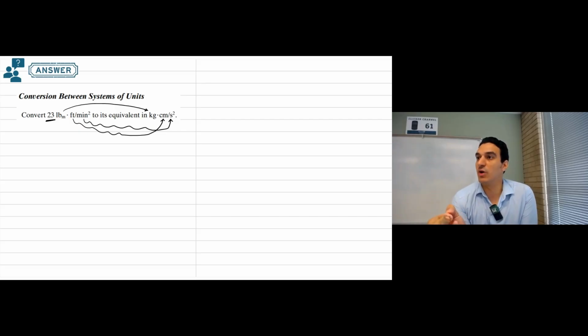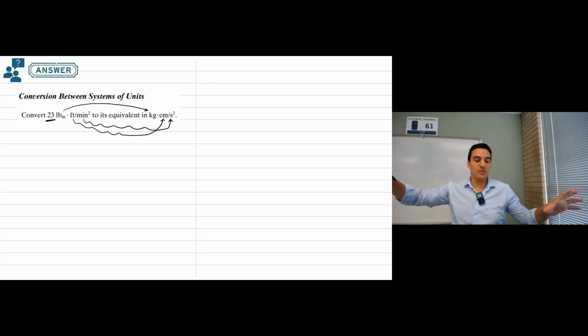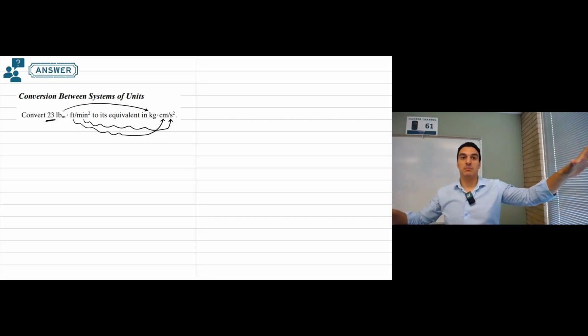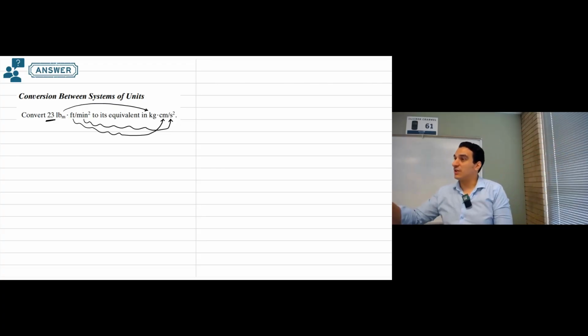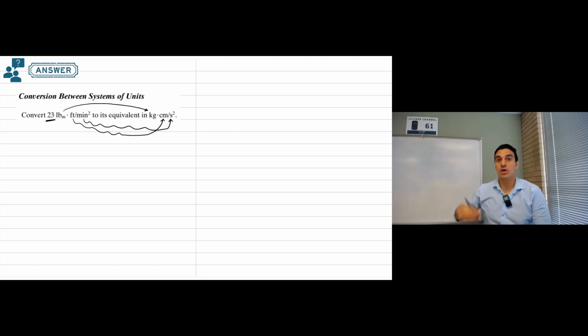This is the first step. Sometimes I see students looking to convert pound mass to centimeter. This is not the same. Pound mass to kilogram is mass; feet to centimeter is length. So you should know what dimension each unit is representing.